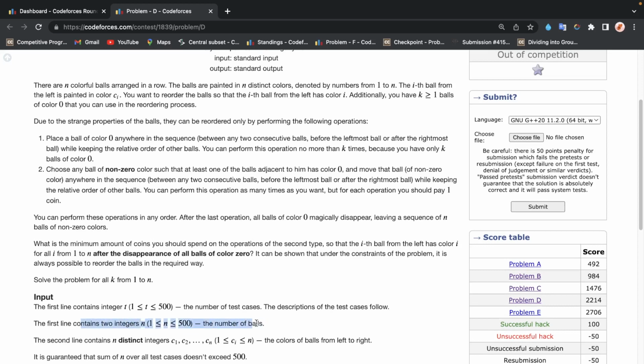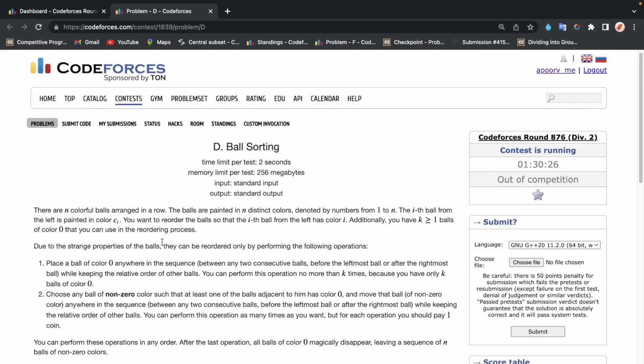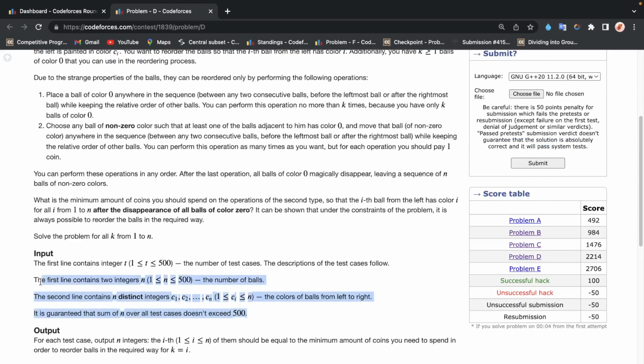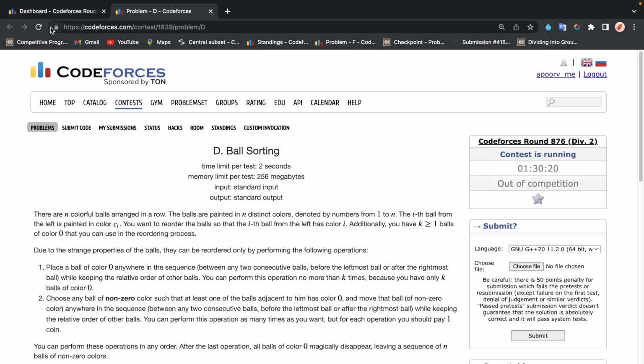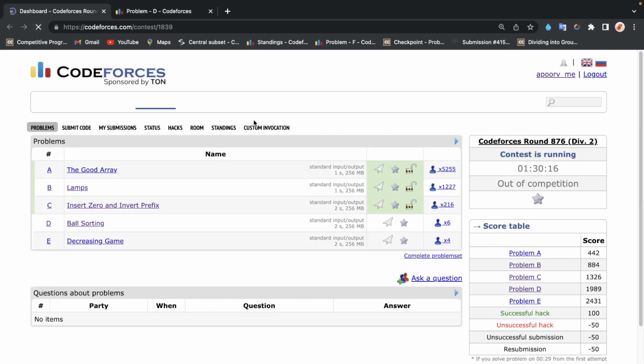Oh, n is small. So for each ball, we have to solve it in n square or n cube. Some kind of dynamic programming. Don't know. I don't understand the entire problem.